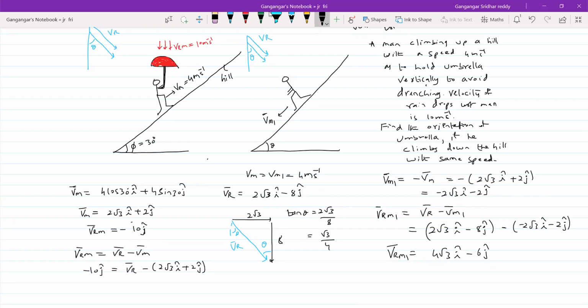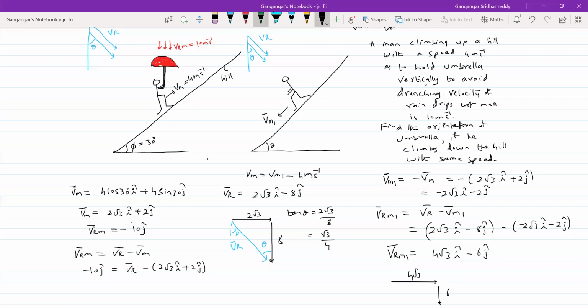It all depends upon the calculations we considered here. So how should we hold the umbrella? VRM1 bar. So roughly what about the direction of this? X component 4 root 3, Y component will be minus 6.